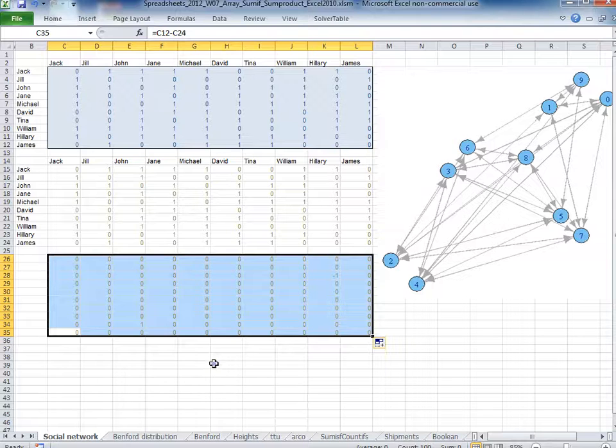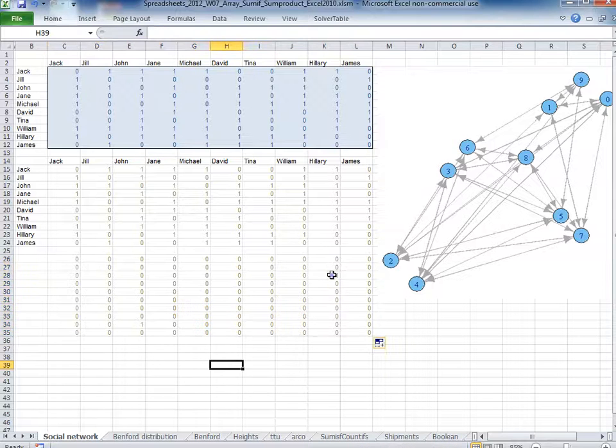No, we don't. Third row, ninth column. Ninth row, third column. What is it? It's John, who doesn't know Hillary, whereas Hillary knows of John. So that's how it goes.